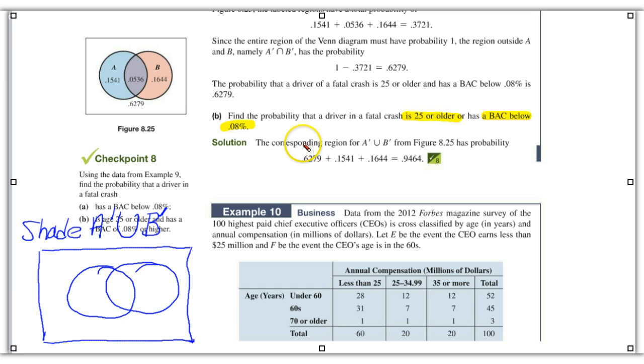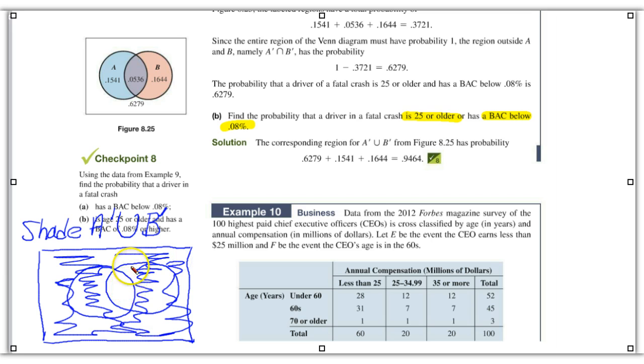And they're stating it corresponds to A complement union B complement, and we actually did that in an earlier lesson. When we shaded this step by step, the only thing left here was the intersection.